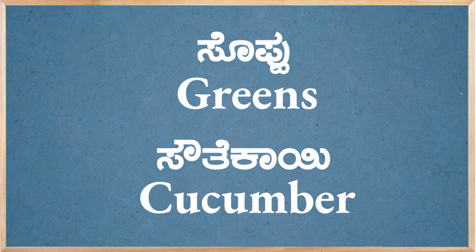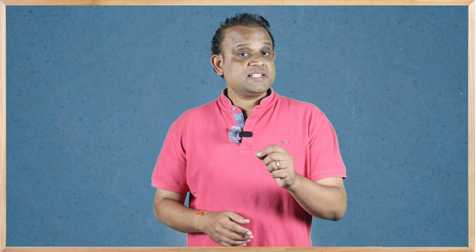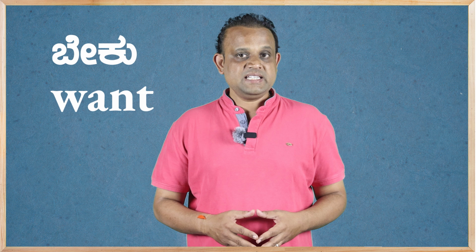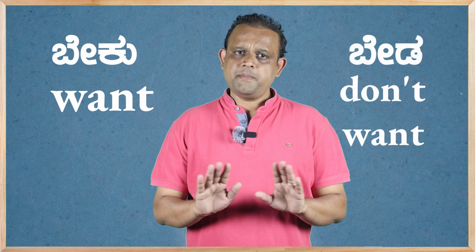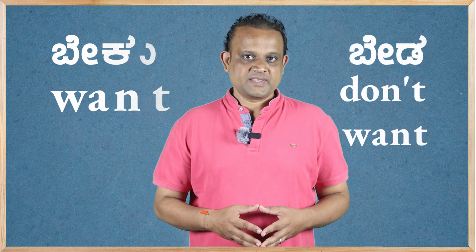Sautekai, sautekai, cucumber. Friends, this is all about the vocabulary you learned during the last session. Perhaps most importantly, you learned about phrases like beku means want and beda, don't want, as well as other defective verbs connected with the dative marker.